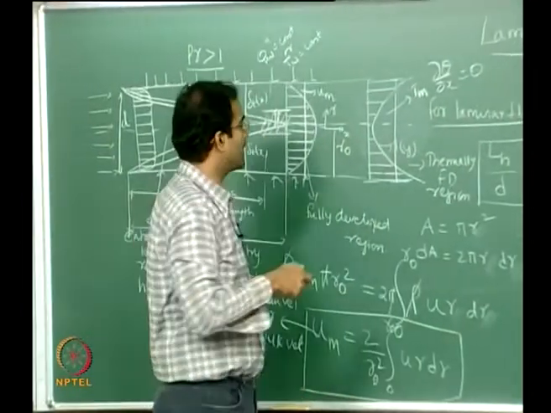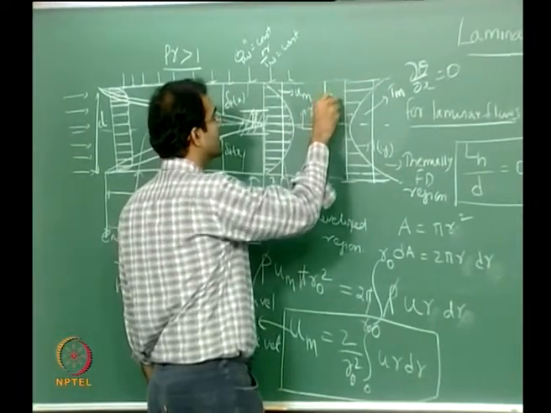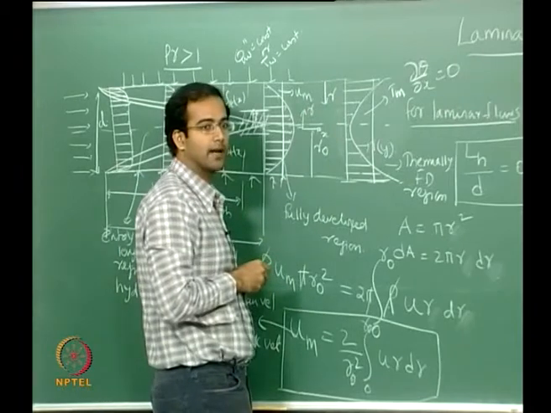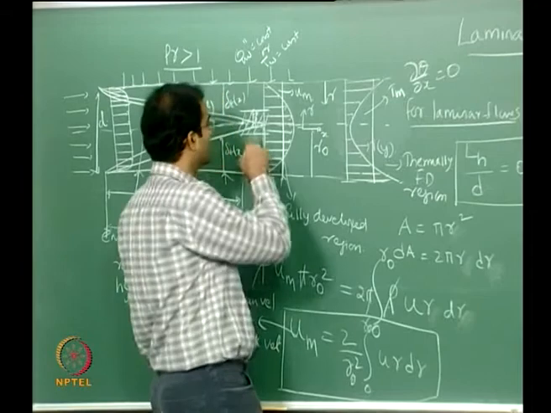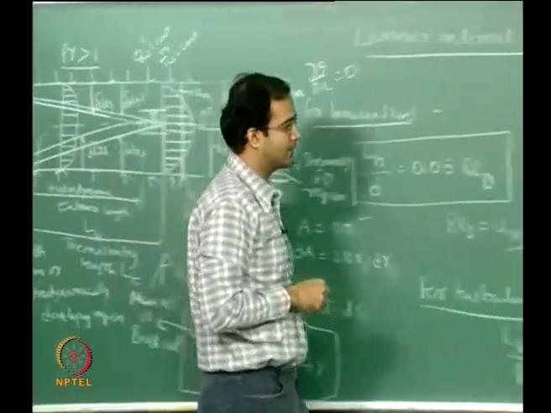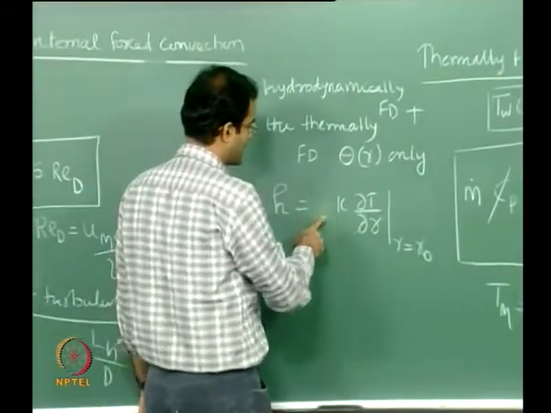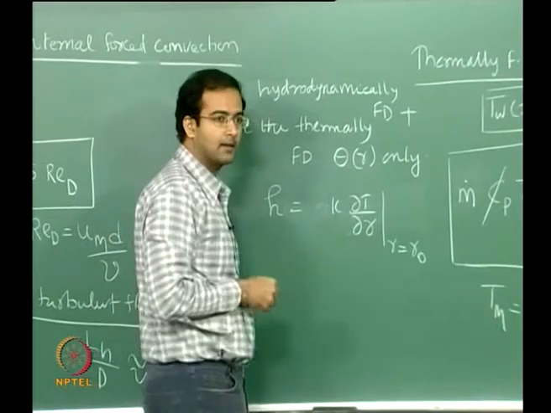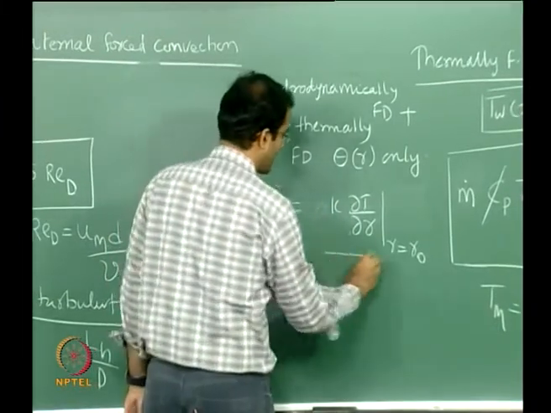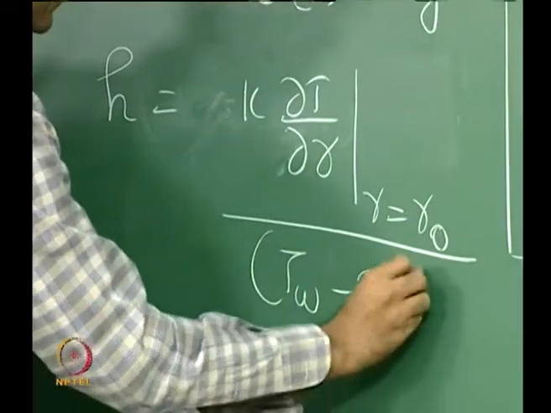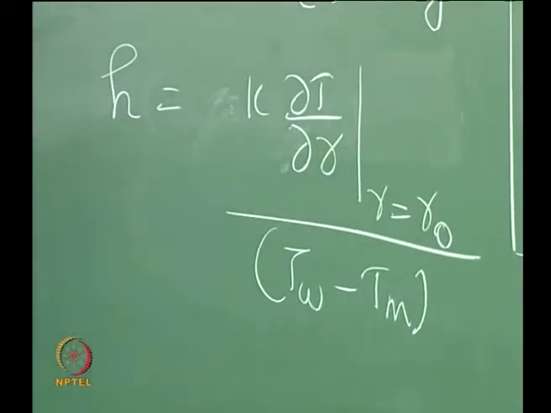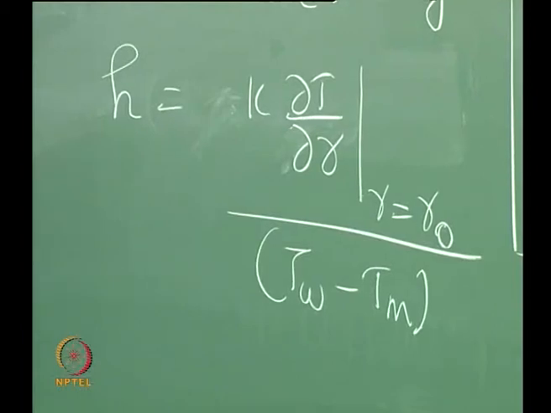Whereas if you have a coordinate from the wall, then the gradient will be negative, so you have to put a negative sign. Now your coordinate system is from the center of the duct, so you can just say this is k dT by dr at r equal to r naught divided by T wall minus T mean. This is how you define your heat transfer coefficient for internal flows.